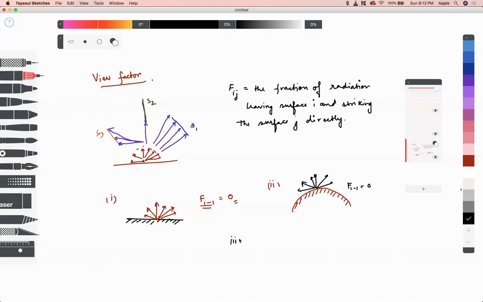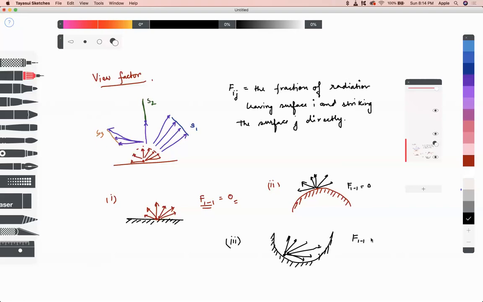The third standard case is, sorry, that was a convex one, and this is a concave surface. And here you see a part of the radiation leaving the surface is going to strike back onto the same surface.